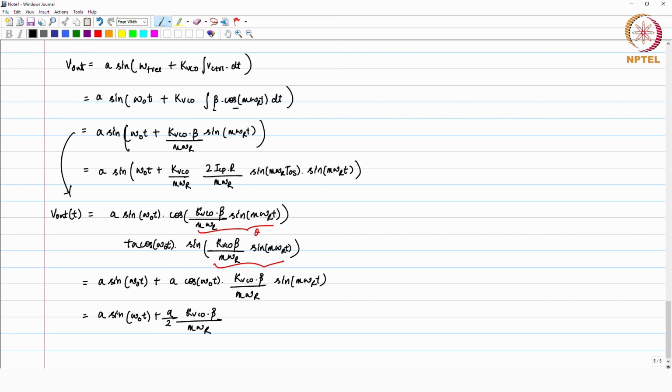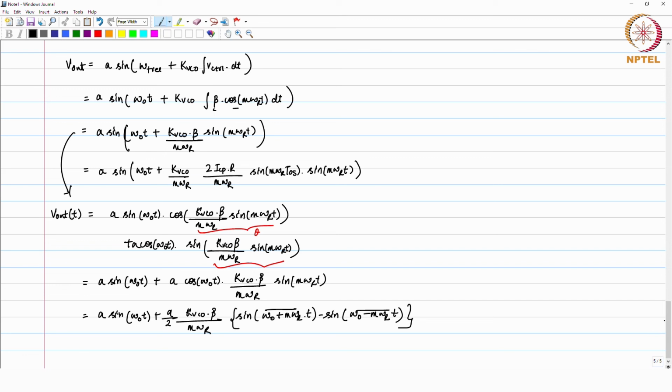So, if it is 2 sin a cos b, you can write it as sine of omega naught plus m omega r times t, minus sine of omega naught minus m omega r t. This is what you are going to see in the output spectrum.